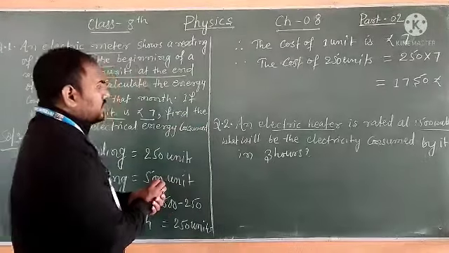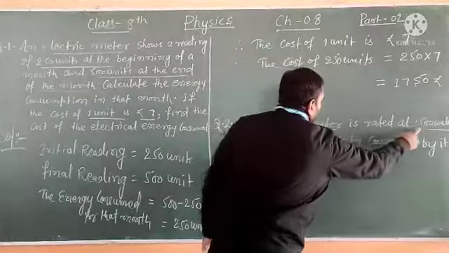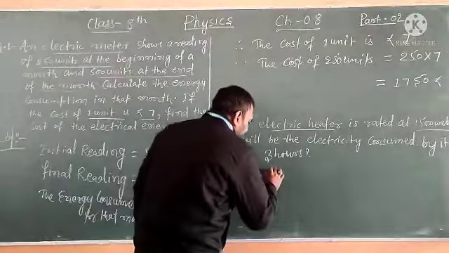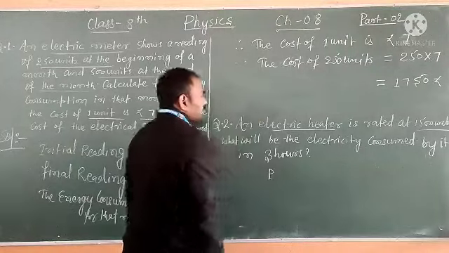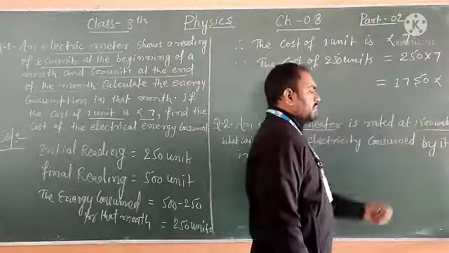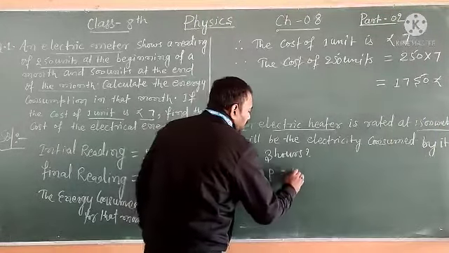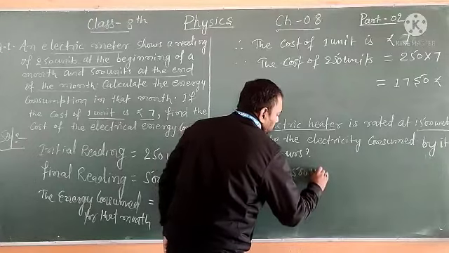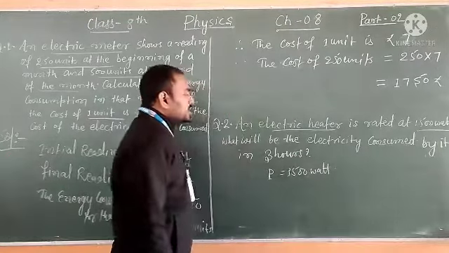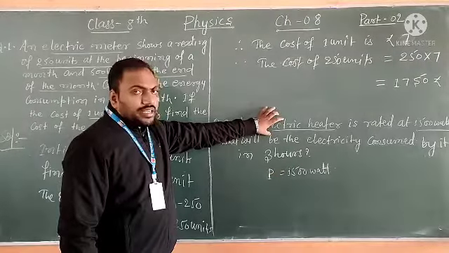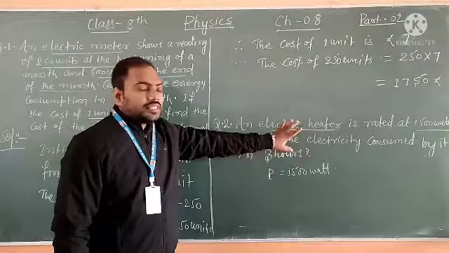Dear, understand it. Here it is given 1500 watt. 1500 watt is the power of the electric heater. Here the electric heater's power is given, means 1500 watt. 1500 watt means this much energy is consumed by the electric heater in a second.